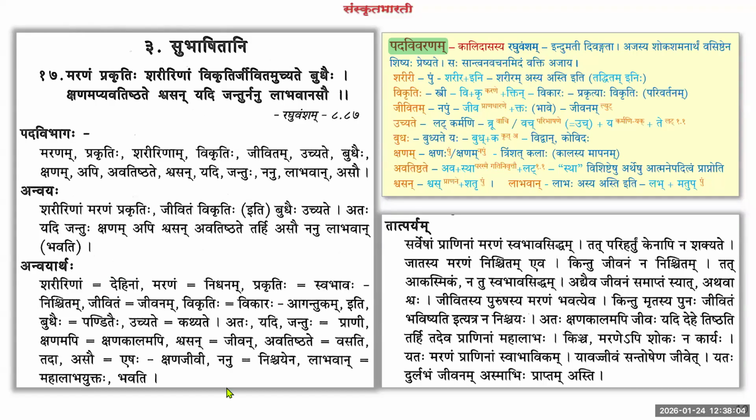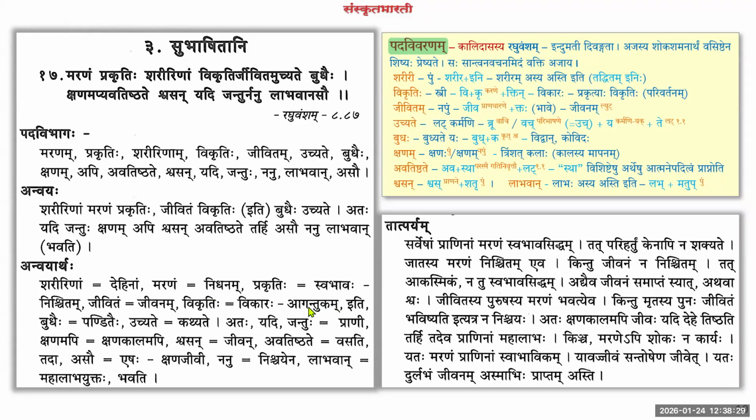Sharirinam dehinam. I like the Samskrita Anvaya, so I'm going to read it. Sharirinam dehinam maranam nidhanam prakritihi swabhavah nishchitam. Nishchitam is additional, so put it in brackets. Swabhavah nishchitam, it's certain like that. Jivitam jivanam vikritihi vikarah agantukam iti.